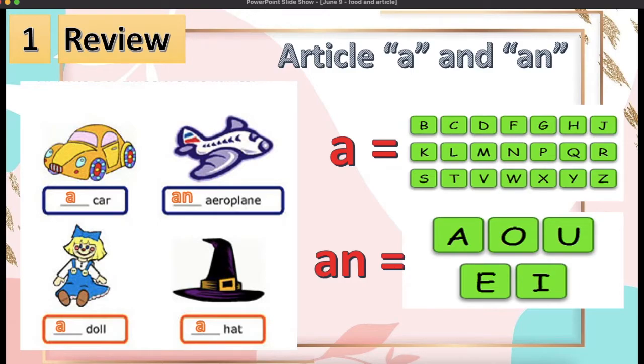Do you get it? Okay, you can just go back to our lesson if you want to be reminded of the things that you have to remember, just like the vocabularies in our lesson on food and the article a and an.